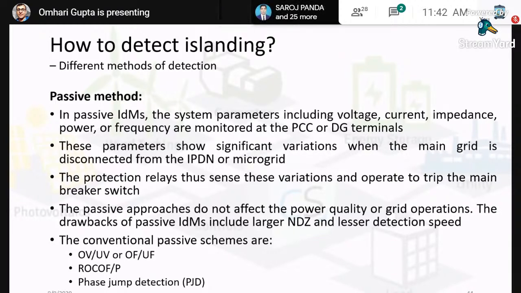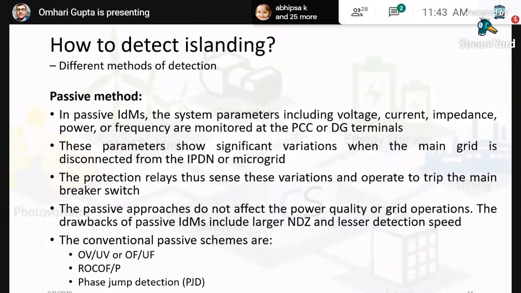Okay, these parameters show significant variations when the main grid is disconnected from the microgrid. Okay, now this significant variation will also only be there when there is sufficient mismatch between the locally generated power and the local load.